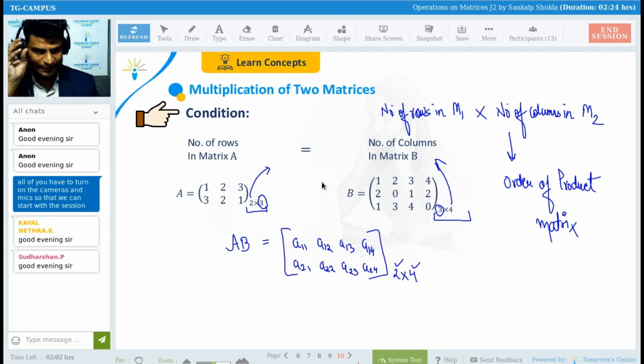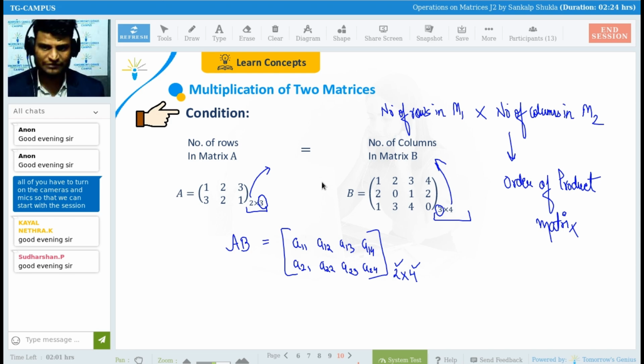Now, see, if I am asking a particular element of the product matrix, then please keep in your mind that you don't have to find the entire matrix. According to common sense also, if I am asking A23, then you can separately find A23. Why waste time?